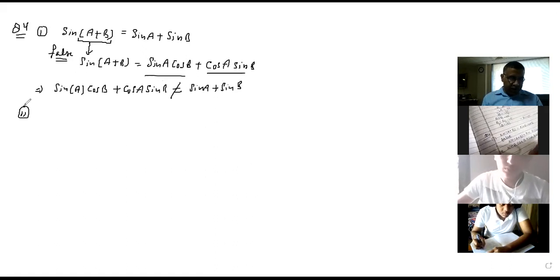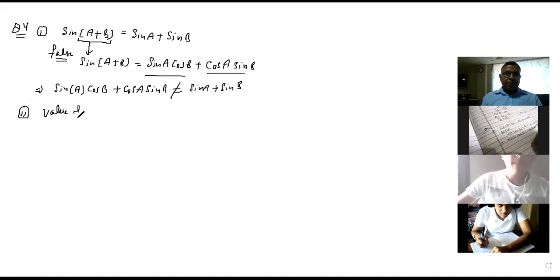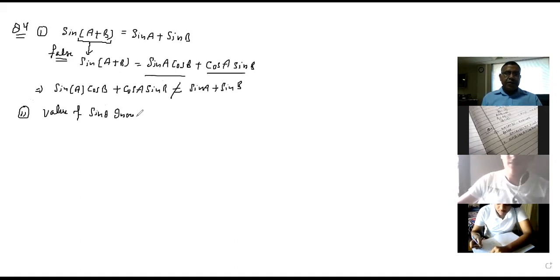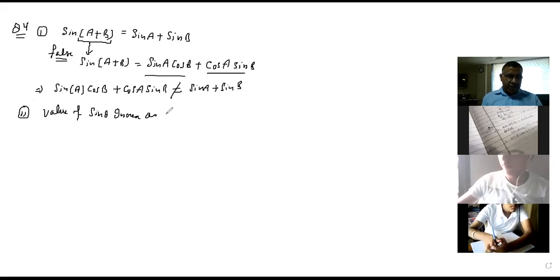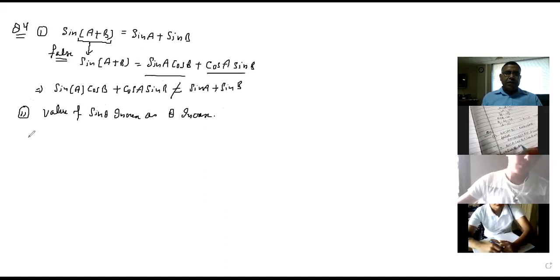Next, the value of sine theta increases as theta increases. Now pay attention.